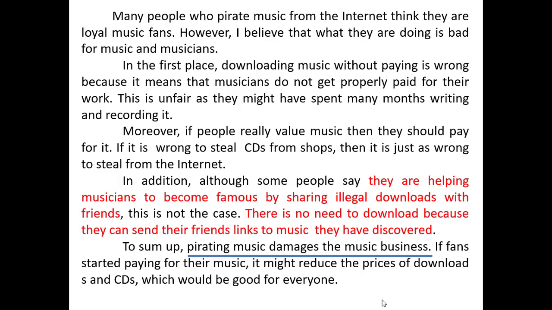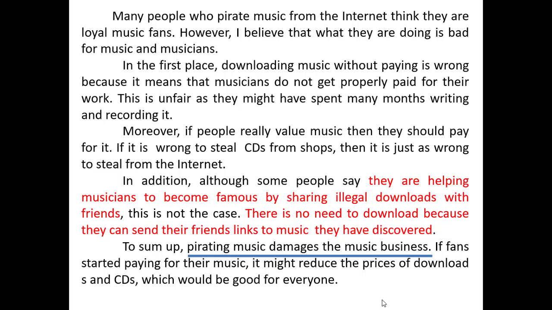Look at the question in depth to analyze the task. The first question would be, in paragraph 4, the writer talks about an opposing opinion in order to show that the other viewpoint is not right. As you can see, there are two sentences in red, which are the opposing opinion.